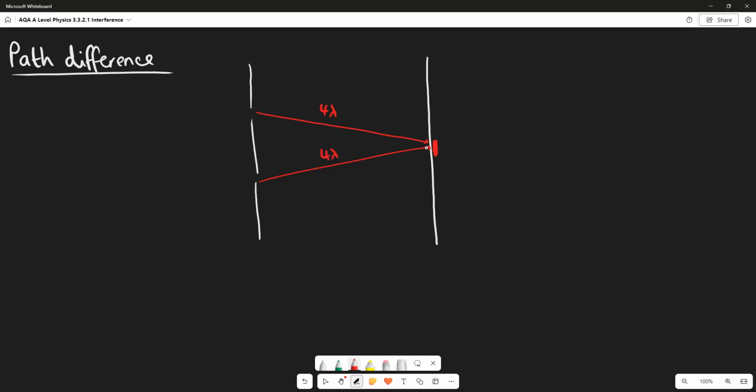They were both arriving doing the same thing at the same time. They were arriving in phase.